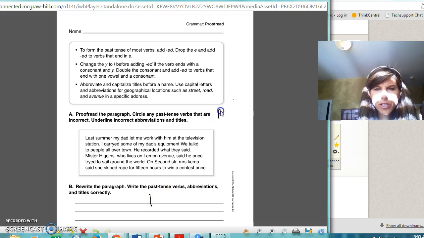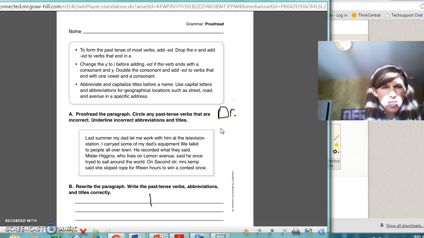Doctor, so for doctor, it's capital D-R, so like if we say Dr. Smith, D-R, and don't forget that period. So instead of writing out the whole word D-O-C-T-O-R, doctor, you would just write D-R.